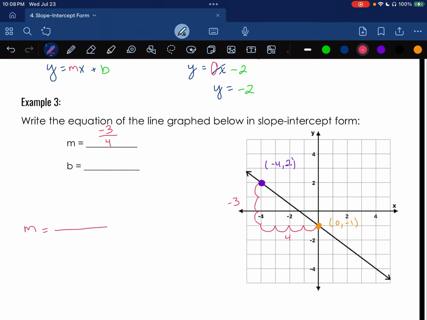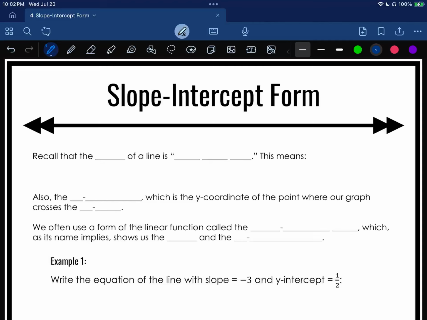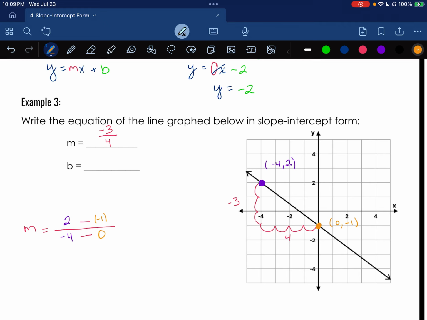So notice I took my y values and subtracted them, 2 minus -1, and my x values and subtracted them, -4 minus 0. And I kept the order the same, right? Which is why I stack it 1 point at a time, because then it helps you keep track. Otherwise, you'll end up with the opposite sign on your slope than what's supposed to be there.